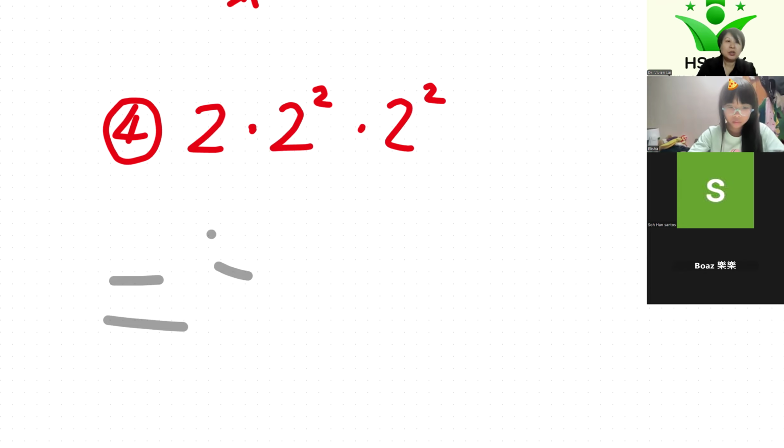We use 2. Use my way. If not sure, look at the example again. When the base is the same, we add all the index. 2 means 2 to the first power. The one we usually don't write. But in the index adding process, you need to write. Remember 2 means 2 to the first power.